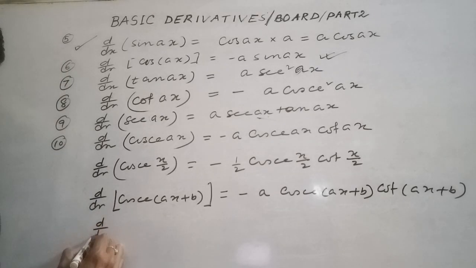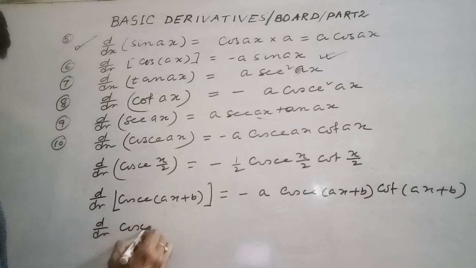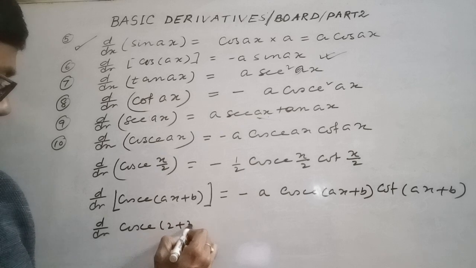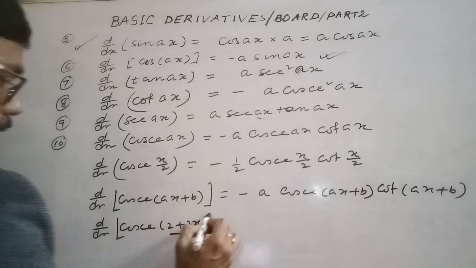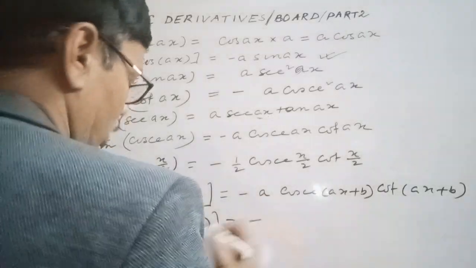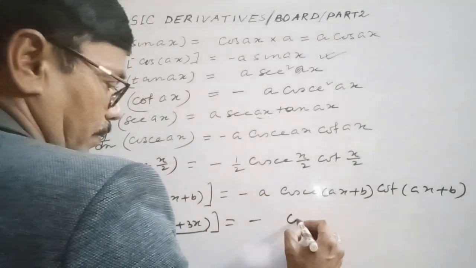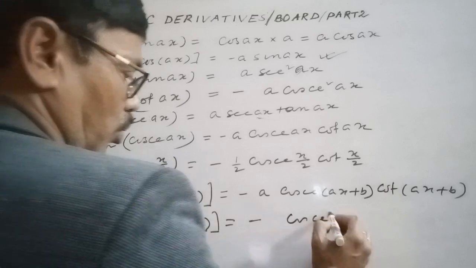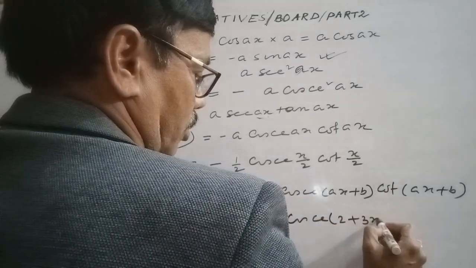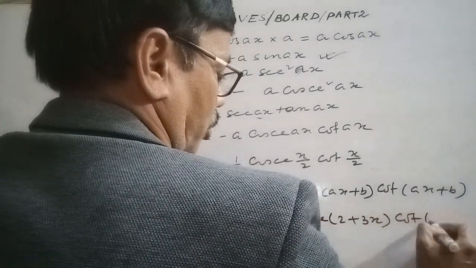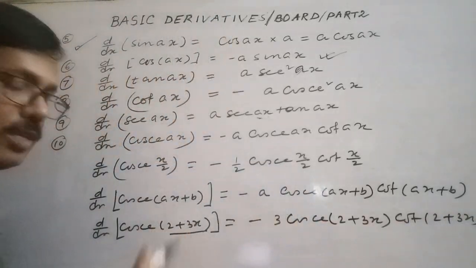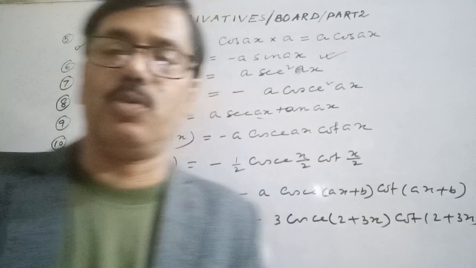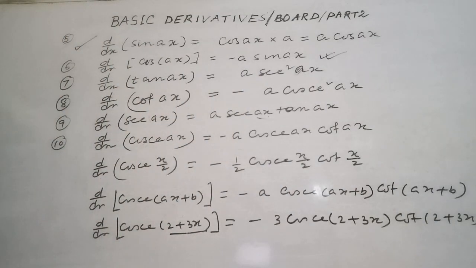Application, d/dx of cosec(2 plus 3x). The argument is linear, so you can apply the formula starting with c. So minus cosec(2 plus 3x) cot(2 plus 3x) into the coefficient of x, 3.